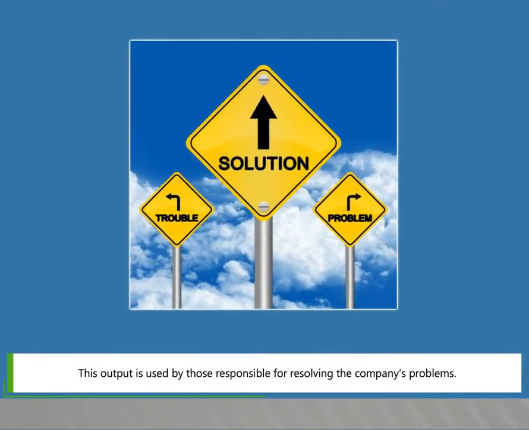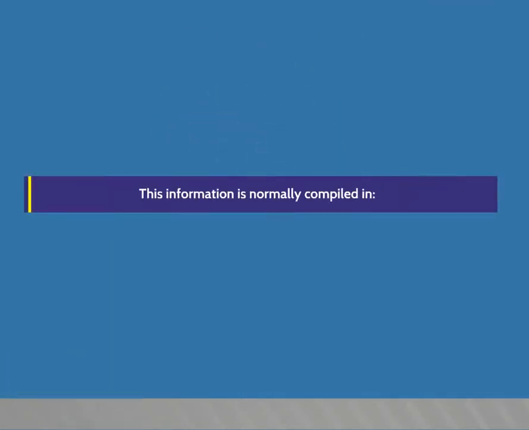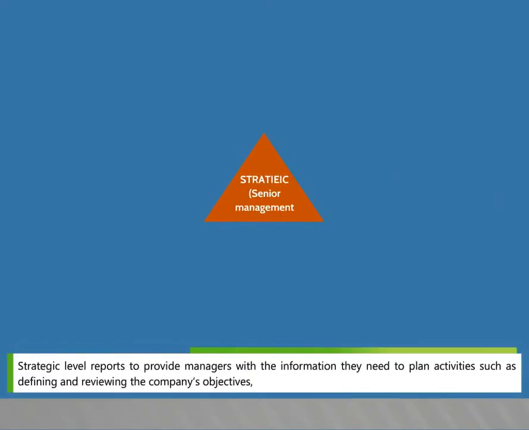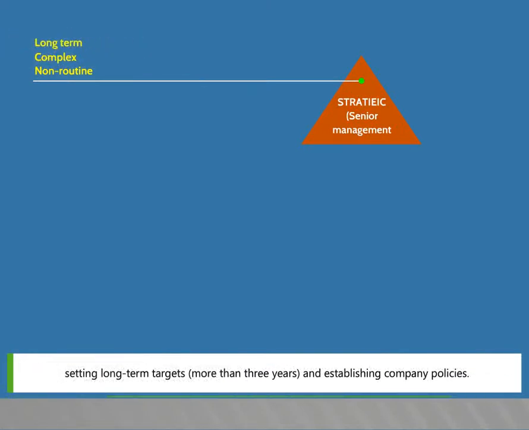This output is used by those responsible for resolving the company's problems. This information is normally compiled in strategic level reports to provide managers with the information they need to plan activities such as defining and reviewing the company's objectives, setting long-term targets of more than 3 years, and establishing company policies.